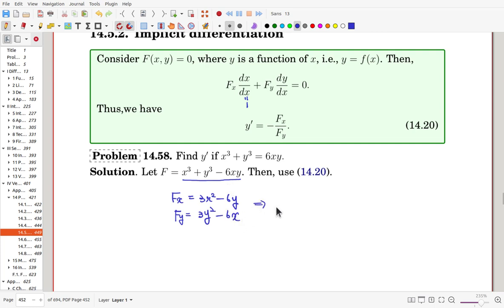So from here we can get y prime equals minus, the bottom y derivative 3y squared minus 6x, divided by 3, that is y squared minus 2x, and top x squared minus 2y. That's the final answer. Okay.